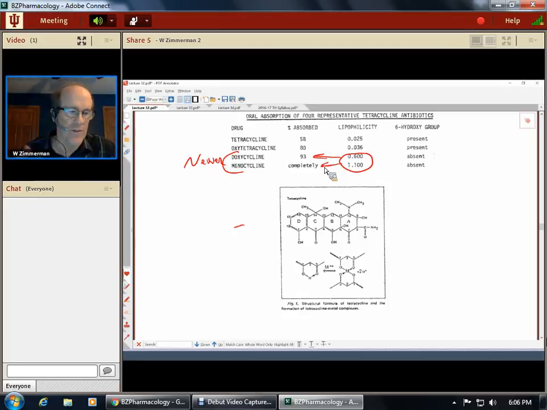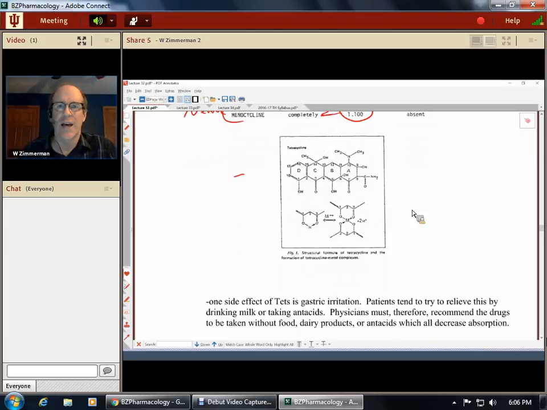I don't want you to focus on that. I'm just more concerned that you remember that they're more lipophilic. One of the problems we have with the tetracyclines is they're not very water soluble. One of the tetracyclines, of course, is tetracycline. It has a low water solubility. A lot of them do.